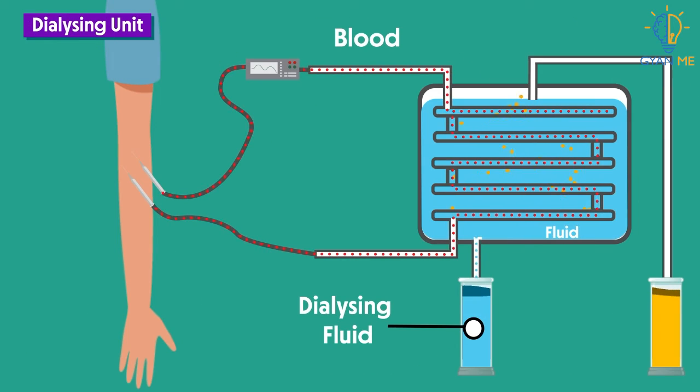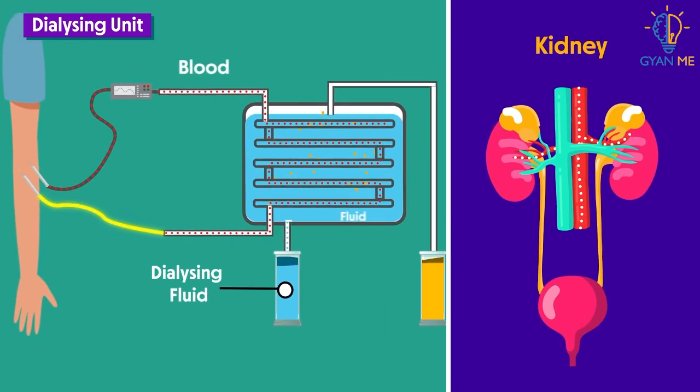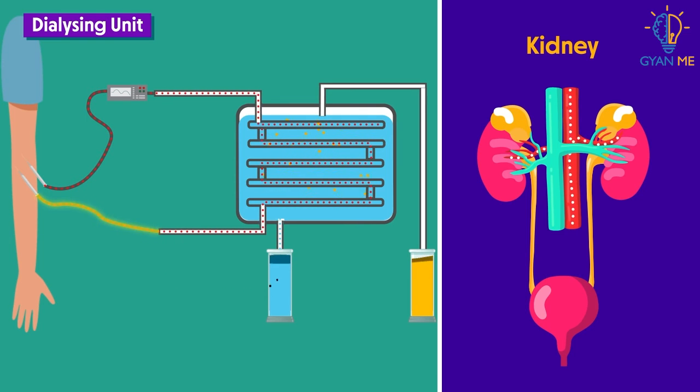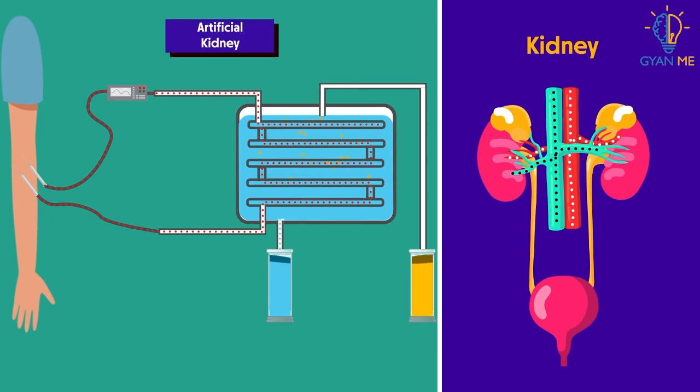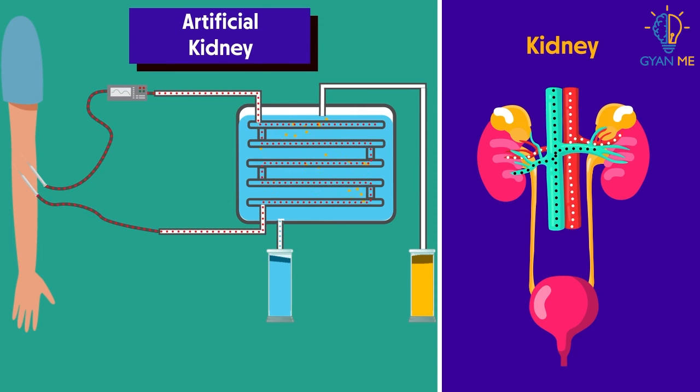Now this purified blood is pumped back into the patient's body. This is exactly what our kidney does. It takes in impure blood, purifies it, and sends it back to the body again. So students, that is the reason this dialyzing unit is also called an artificial kidney.